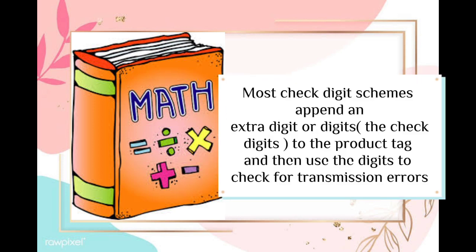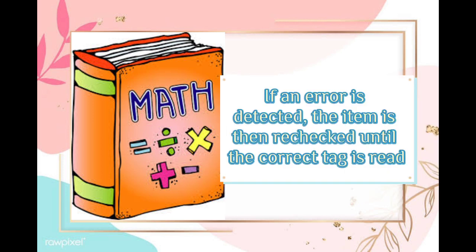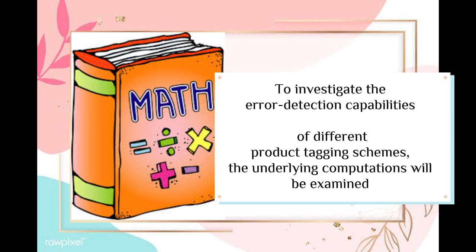Most check-digit schemes append an extra digit or digits to the product tag and then use the digits to check for transmission errors. If an error is detected, the item is then rechecked until the correct tag is read. To investigate the error detection capabilities of different product tagging schemes, the underlying computations will be examined.